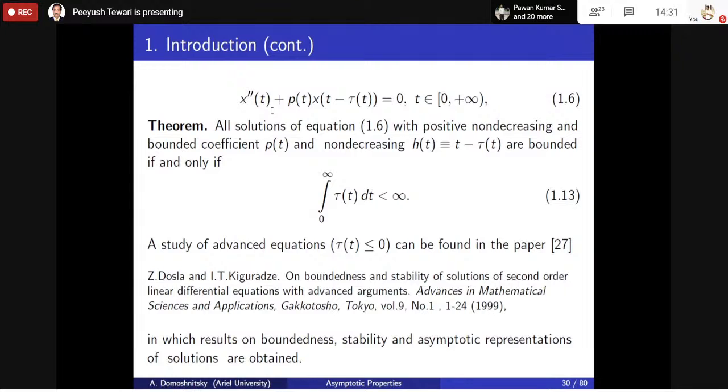We have that the solution is bounded if and only if this holds. And we can see that delay control could not stabilize our motion, for example, in the problem of motion of a single mass point. Why? From the mechanical point of view, it is clear.